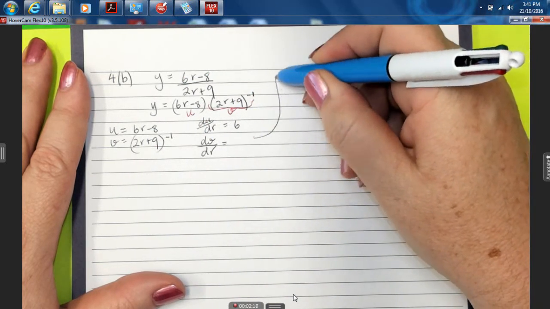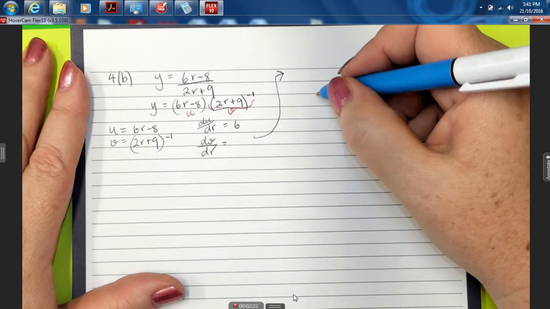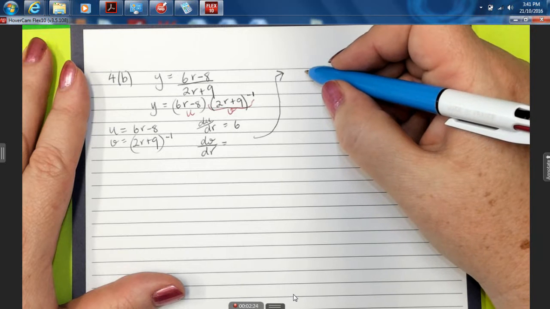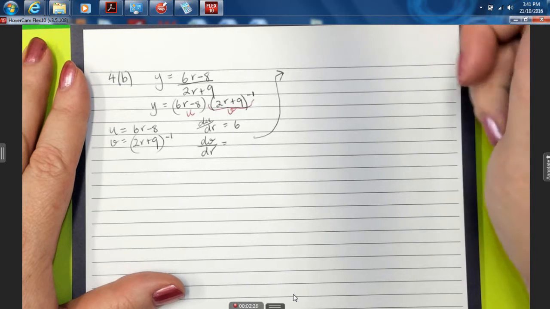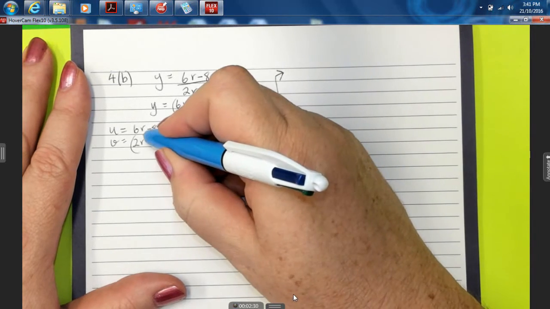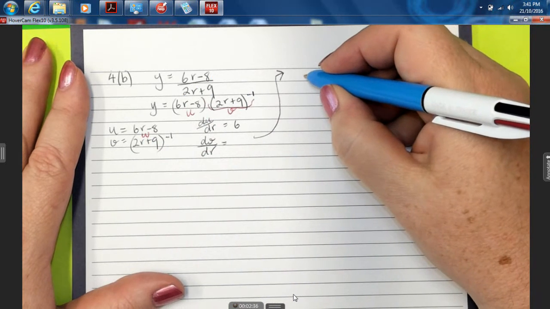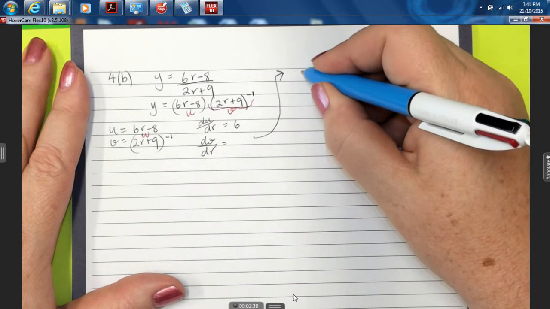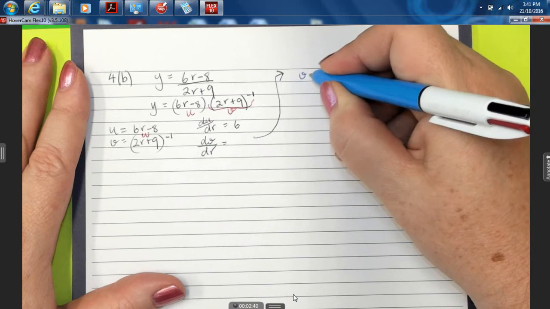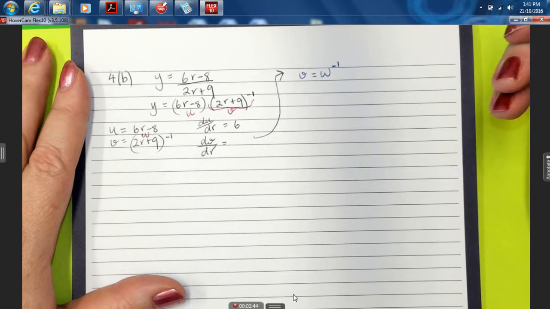So we're going to move up here, and we're going to identify the parts of this new function that we're going to differentiate using the chain rule. Once again, we need to make the inside function into another variable, which I usually call w, and once again I'm going to do all of this in blue. So our new function is called v, and it now has w in it, so it's w to the negative 1.